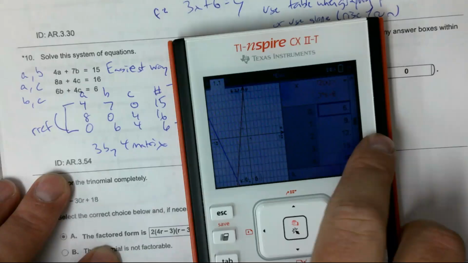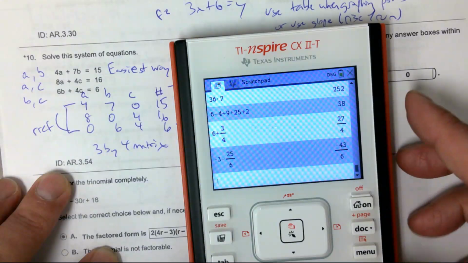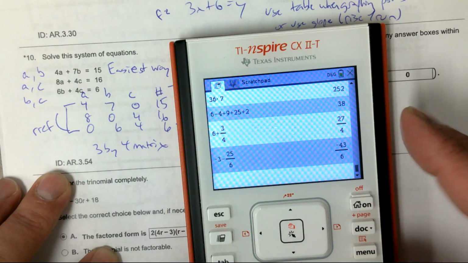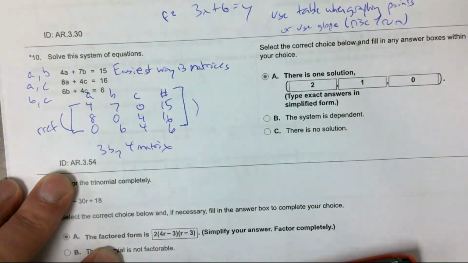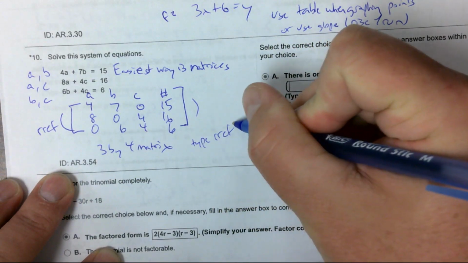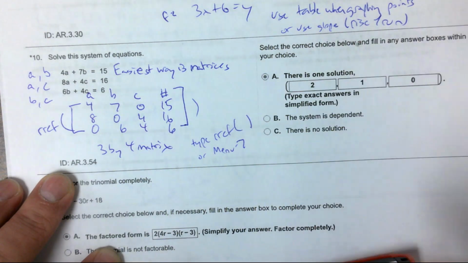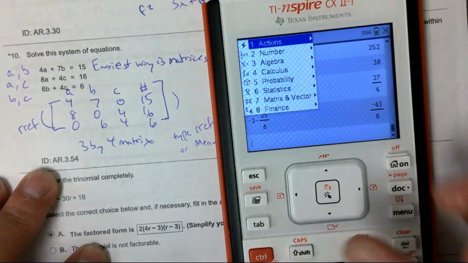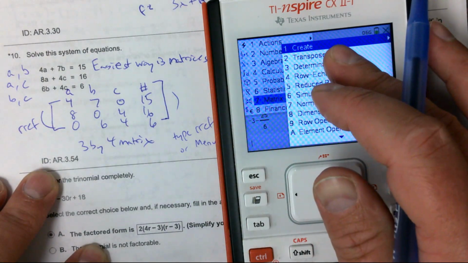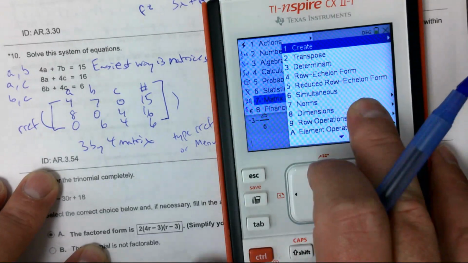Okay, so on your calculator, we type RREF, or you could do menu 7. So type RREF parentheses, or do menu 7, because 7 is matrix and vector, and then 1 for create, and 5 is the reduced row echelon form.